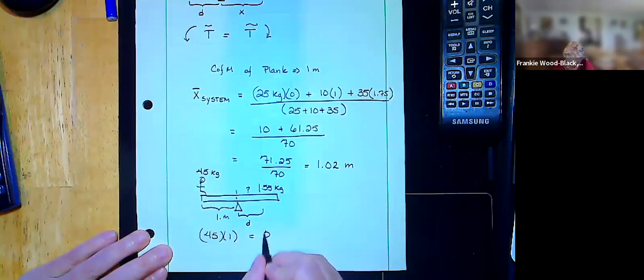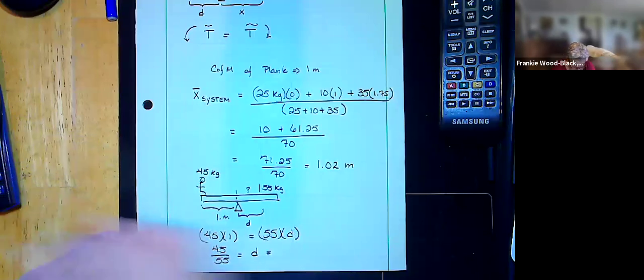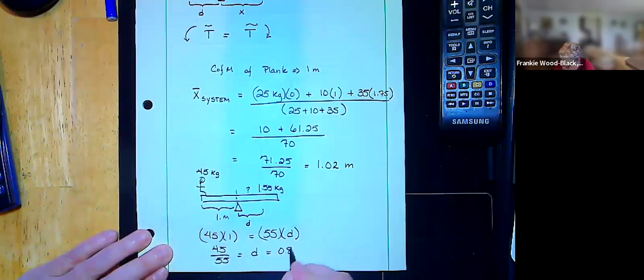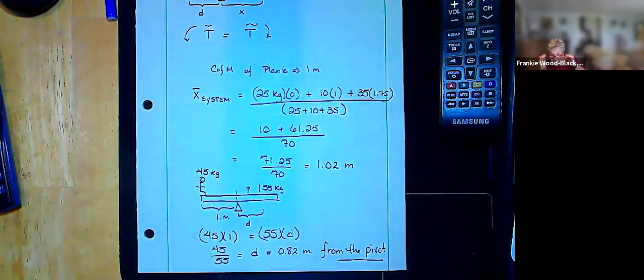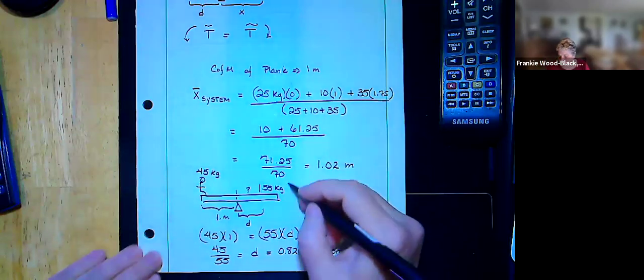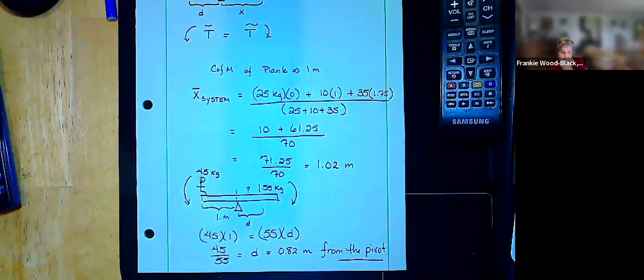This side is 55 times D. I'm going to get my 45 divided by my 55, and that's going to give me my D. That's going to be 0.82 meters from the pivot, because this side will want to rotate this way, this side will want to rotate that way, and we can balance it out.